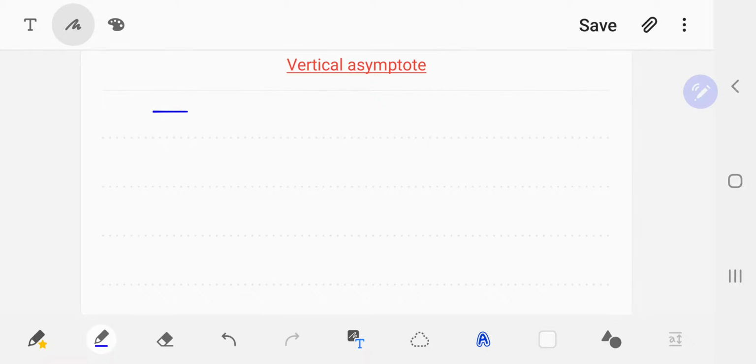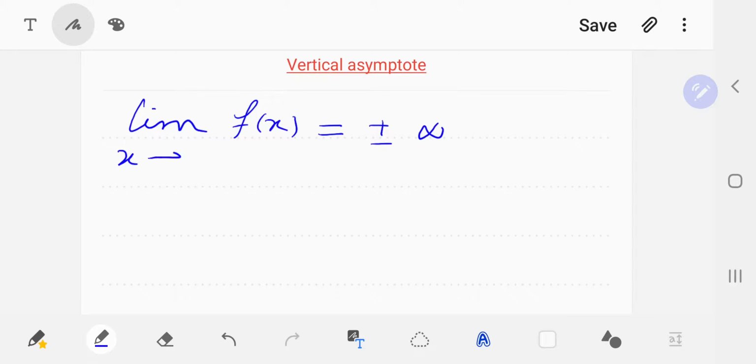As I told you, I'm going to explain how to find the vertical asymptote. Due to the video that I've just posted, vertical asymptote means that a certain function will approach, and approach means limit. So if a limit of a certain function approaches either positive or negative infinity, when the values of x are approaching a certain value from the right side or from the left side.